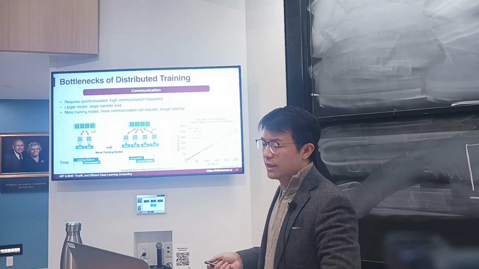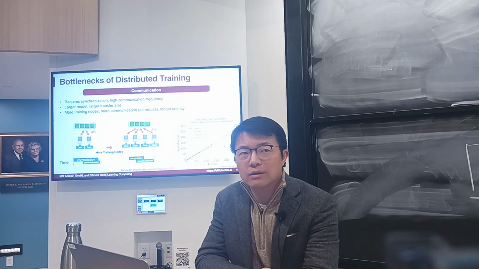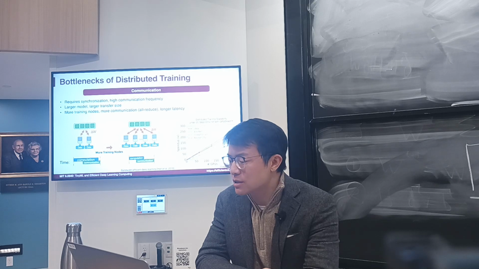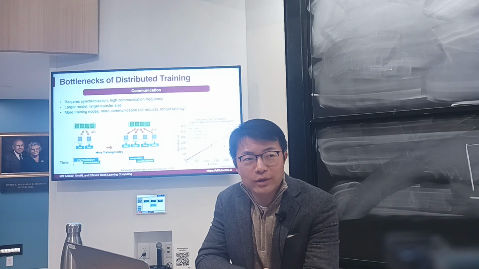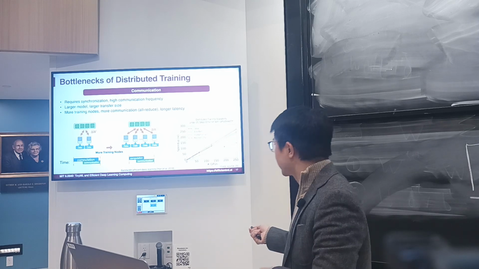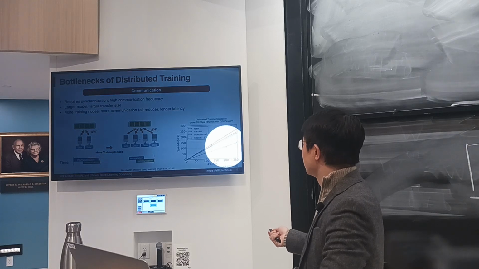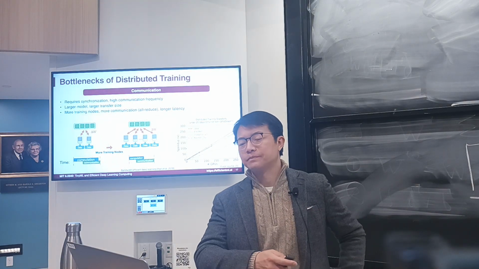That is because AlexNet has a lot of weight, 240 megabytes, 60 million parameters, but relatively low compute FLOPs. You do a little computation and you have to do a lot of communication. That's why such a model has much worse scalability. With 200 GPUs, you have only 100 times speedup compared with 200.